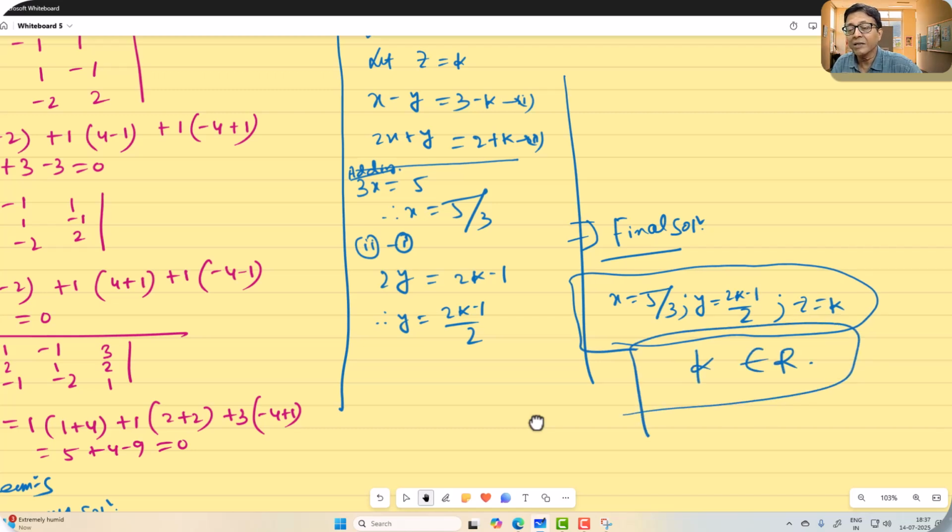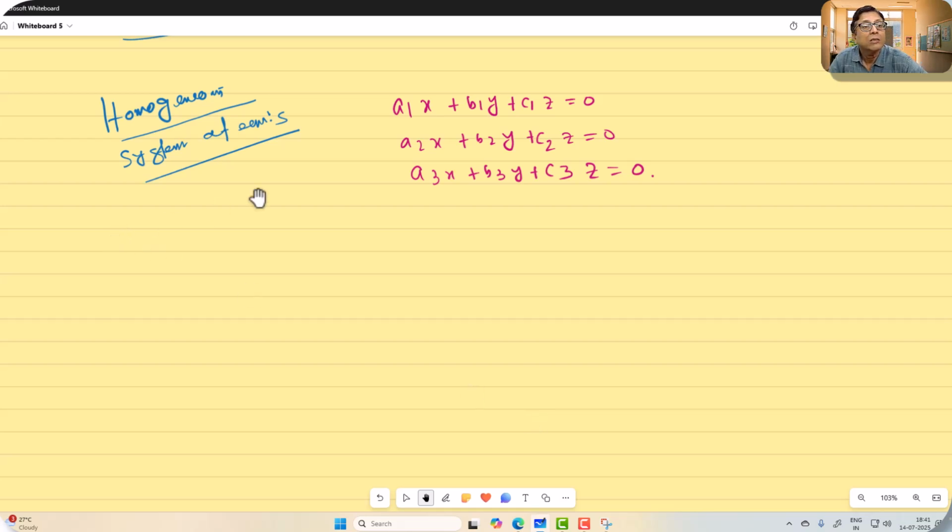k is a real number, and this is the way to solve a system of linear equations where all deltas are going to be equal to 0. This is a system of linear homogeneous equations. Why homogeneous?